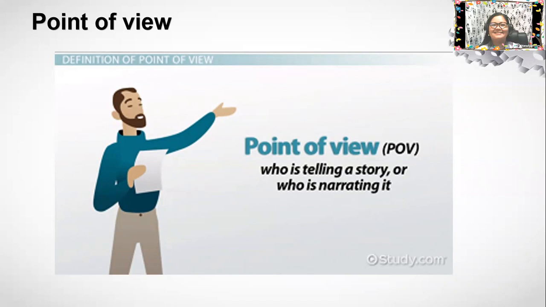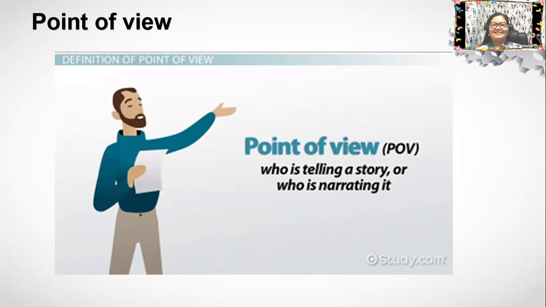For example, when you read a story and then tell it to someone else, you are sharing your point of view or your perspective from the story, in a narrative way. Every story has a perspective.